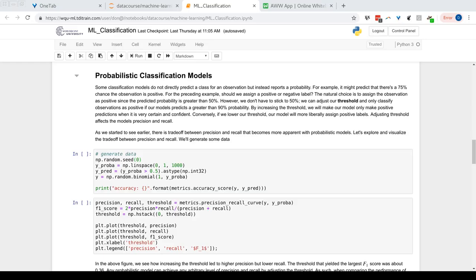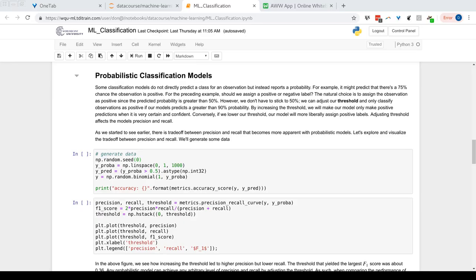So I'll have a pretty good chance to identify all the images of cats, but at the cost of labeling things as cats that are indeed not cats. So I'm going to have a lot of false positives in that case. So you can see this idea of the trade-off between precision and recall. We can see that trade-off directly by considering the threshold for a probabilistic model.